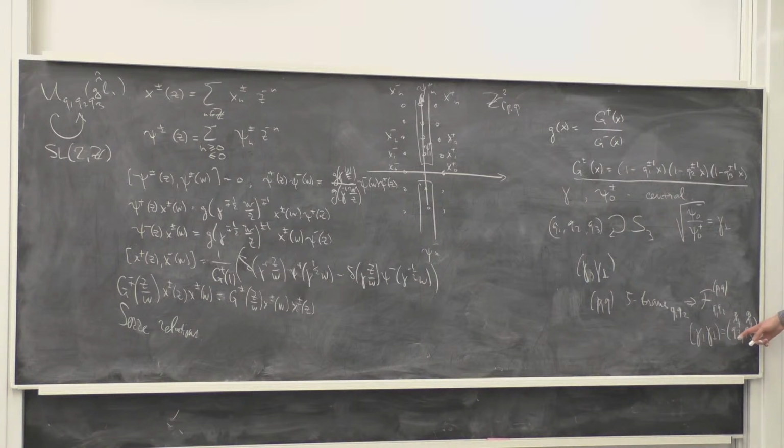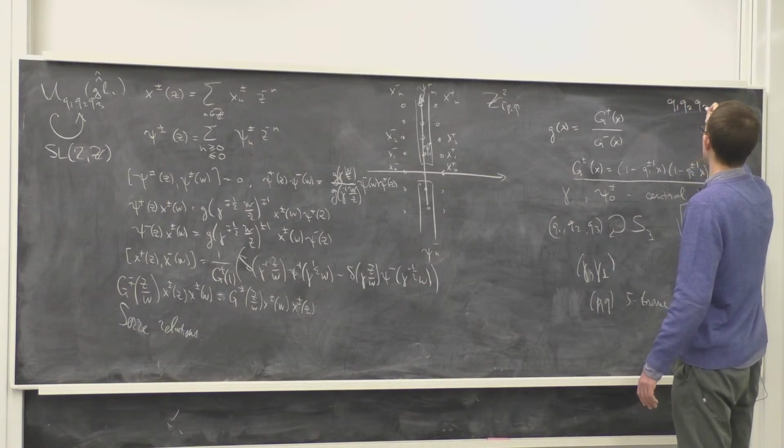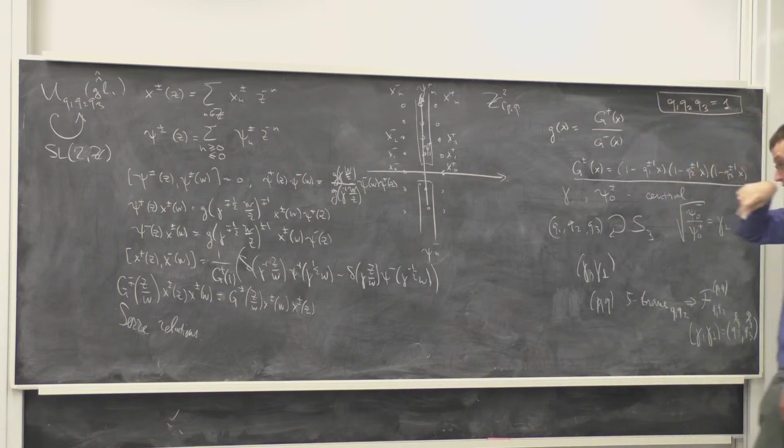So Q3 is the one which is not Q1 and Q2, right? Oh, sorry. Q1, Q2, Q3 are not independent, so this algebra is only defined for these values. And here Q3 you can view as Q1, Q2 inverse. Anyway, you see, so this gamma and gamma orthogonal are determined by P and Q.